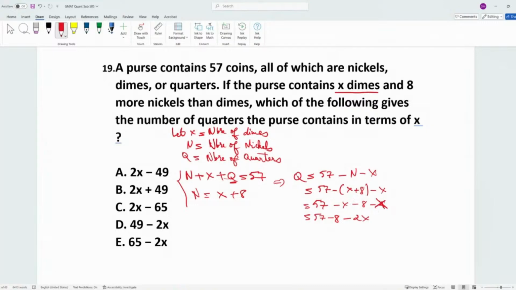Minus x and minus x will give us minus 2x. And then 57 minus 8 is actually 49 minus 2x. And when we look at the answer choices we have here, we have this value, which is exactly what we have gotten here. That's the answer. Now let's take the last question.